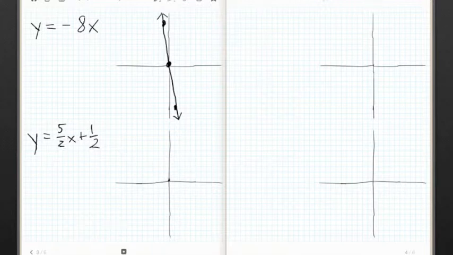That means we go up 5 over 2 and right by 1, and get right on the line there. See, now we're back on the grid line, so that works out. We went up by 5 over 2 and right by 1. Another way to look at that is we took this fraction and divided the numerator and denominator by 2. So we had 5 over 2 over 2 over 2.